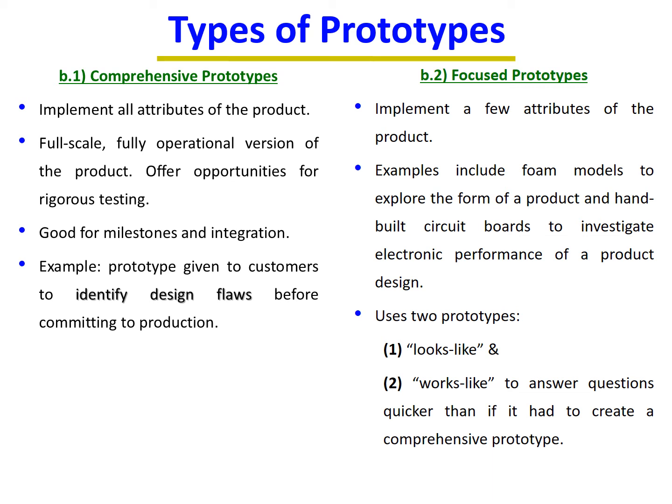Then further types, B, comprehensive prototype. Comprehensive. Implement all attributes of the product. Whatever attributes we thought in the beginning and described, it should implement all of them. It is a full-scale, fully operational version of the product. So it offers opportunities for rigorous, complete testing.